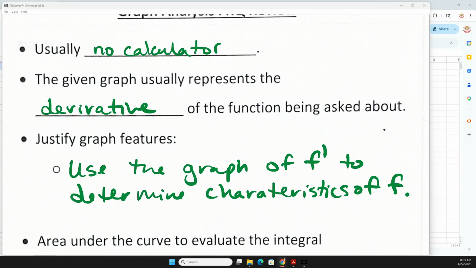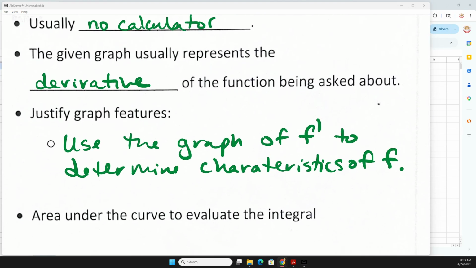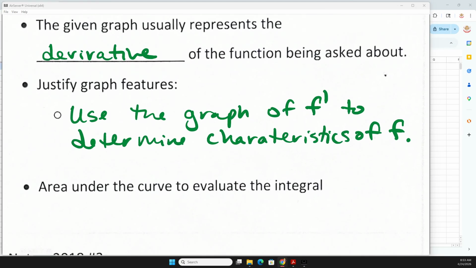Okay, and then you are probably going to have to find the area under the curve, which was the very first thing we learned. So you might have to use some geometry formulas. So this is going to be geometry areas. But I think you can get away with just knowing rectangles and triangles.